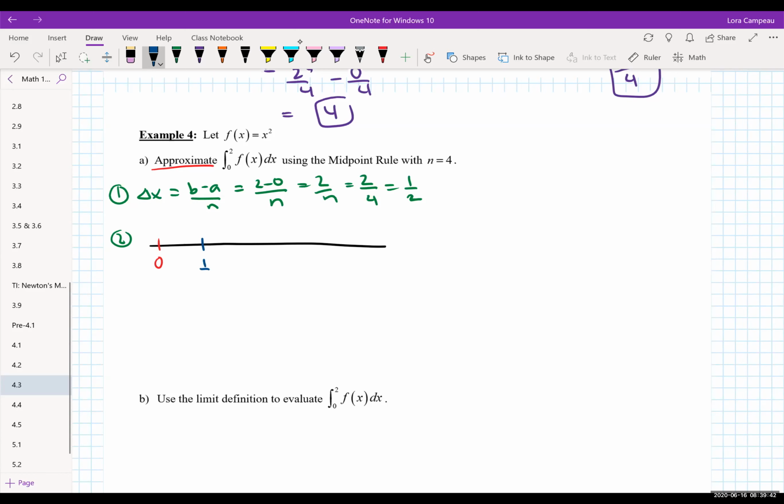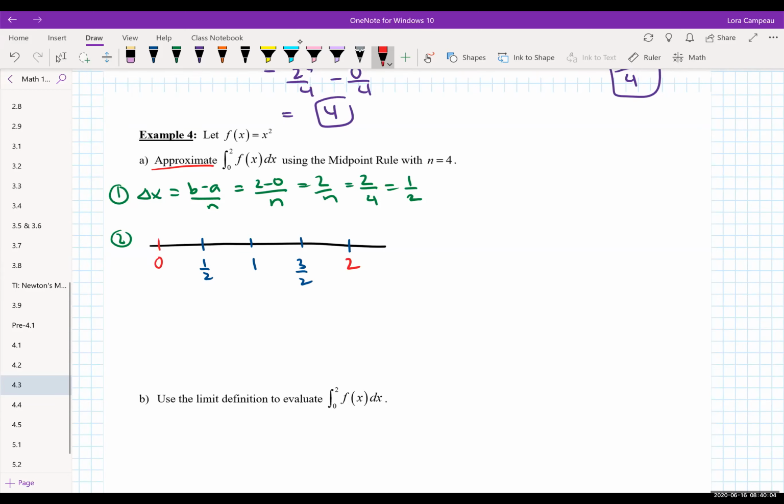So I should see 1/2 right here. If you add on another 1/2, that's 1. When I add on another 1/2, that's 3/2 or 1.5. And when you add on another 1/2, that should be our right endpoint 2. So I'm just getting a good idea of what my interval looks like, of what I'm trying to approximate.